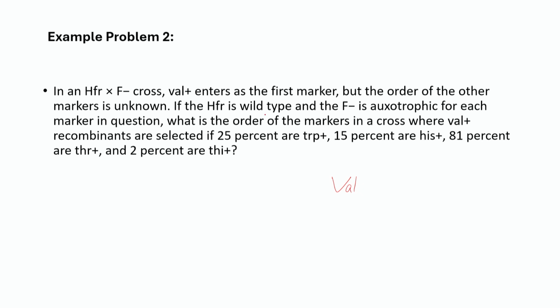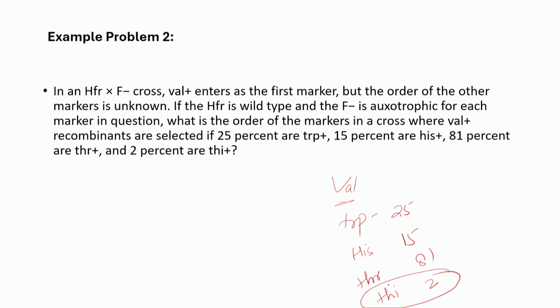So if the HFR is the wild type and F minus is the auxotrophic, for each marker in question, it can only grow if it has that particular gene transferred. What will be the order of the markers in the cross when valine recombinants are selected, which I already have written? And then you have trp, which is 25%. You have his, which is 15%. You have threonine, which is 81%. And you have thymine, which is 2%.